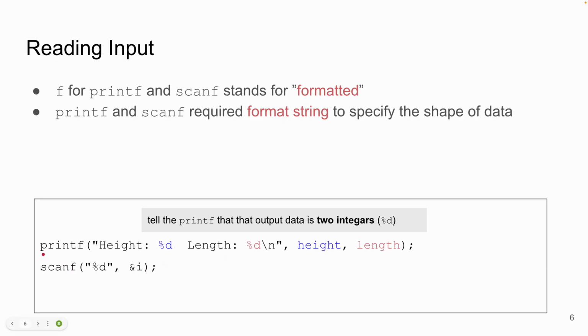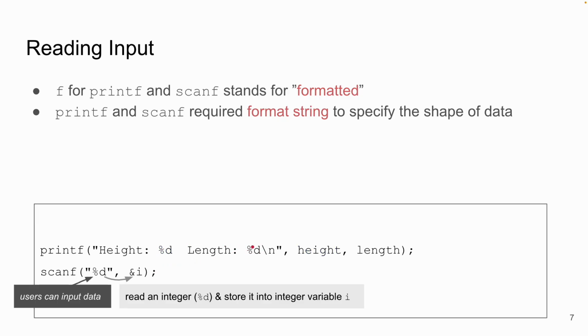So for the first printf, I believe most of you already know what it means. The format string for the first printf tells the printf that the output data is 2 integers. So that is why we have 2 %d here. And for the format string for the scanf here, what this format string tells scanf is that the user of this program is going to input an integer.